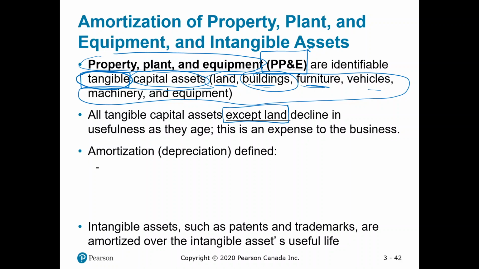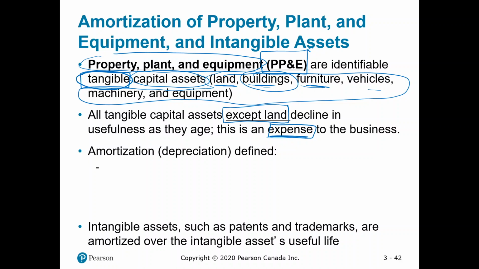So as you use a truck or equipment over the years, it becomes less useful. We've used some of the benefit from it, they're getting worn out. So this is actually an expense to the business every year.